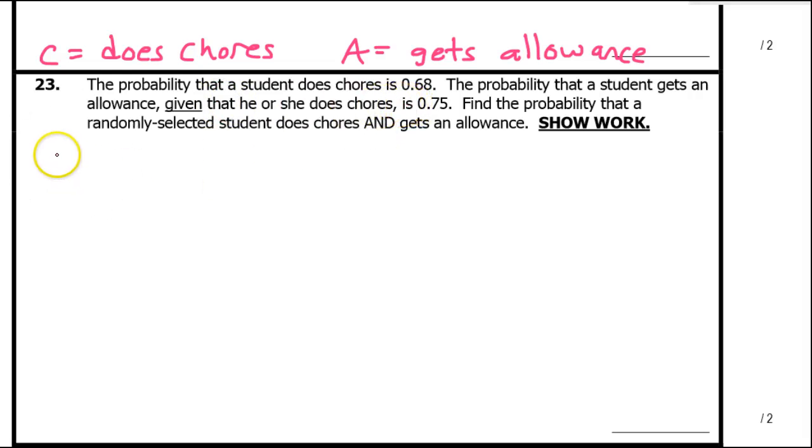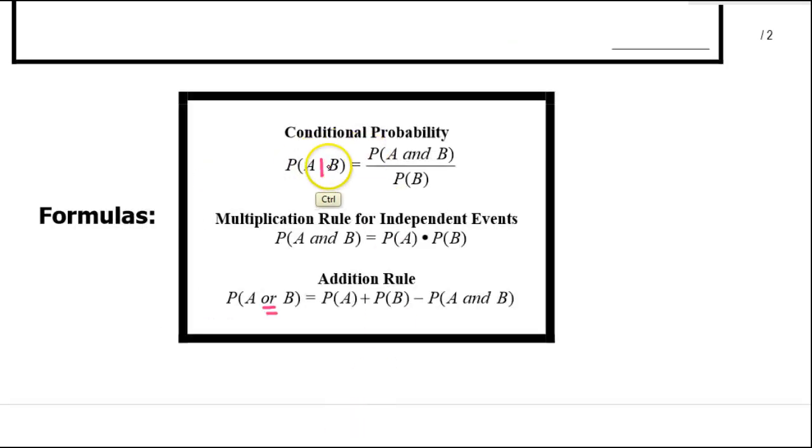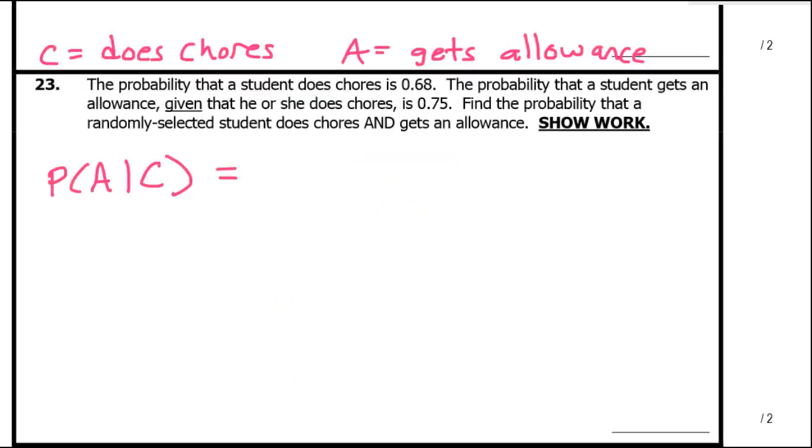So we're talking about the probability of getting allowance given that chores are done. So instead of A and B, I'm going to put A and C. I'll write this formula, but I'll put C's where the B's are.